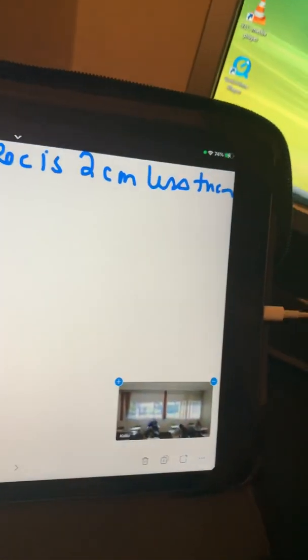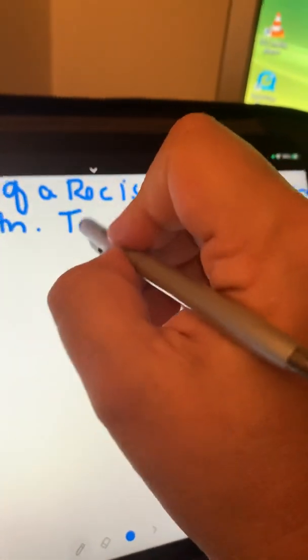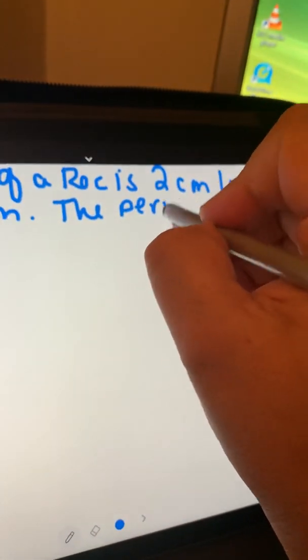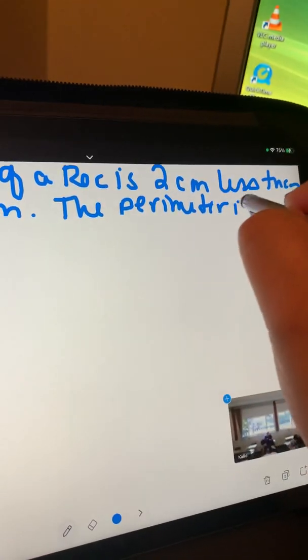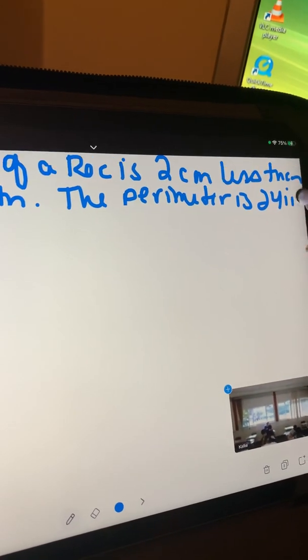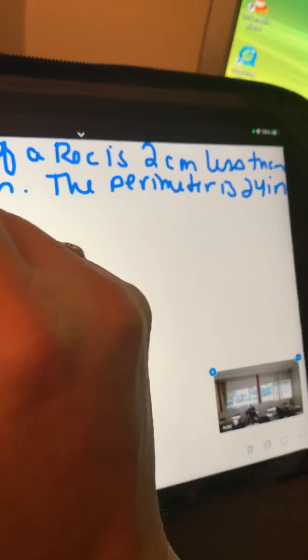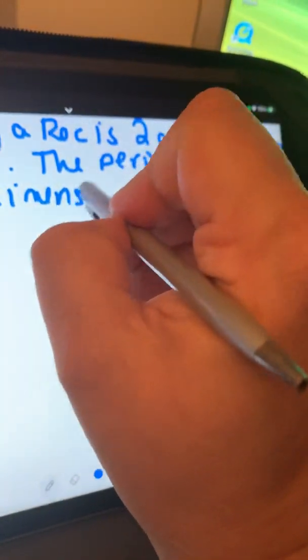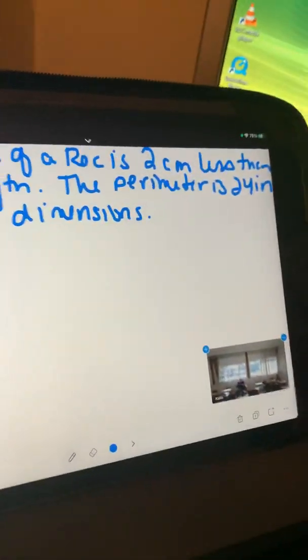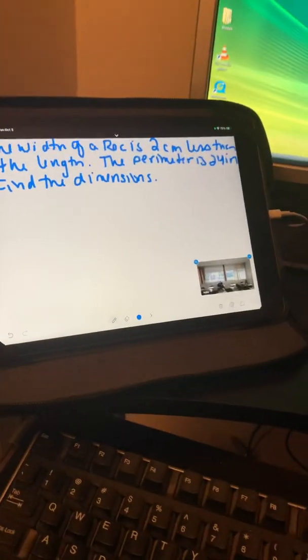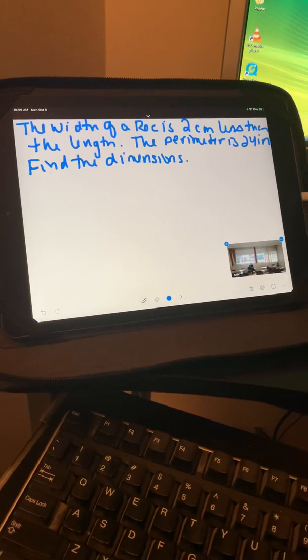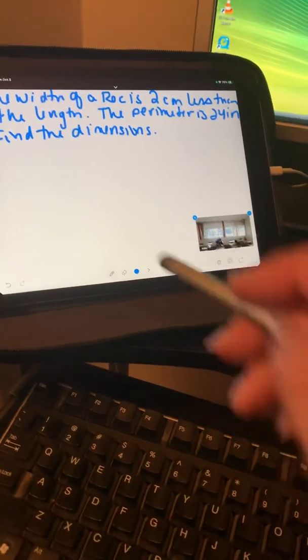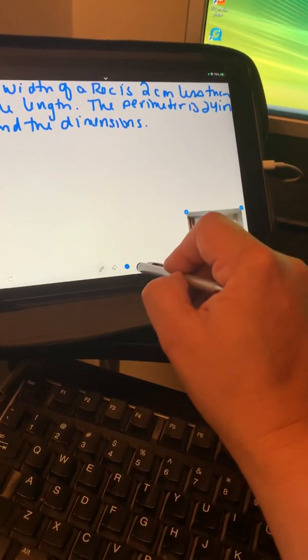The perimeter is 24 inches. I want to find the dimensions. Okay, so here's your story problem. The width of a rectangle is 2 centimeters less than the length. The perimeter is 24 inches. Find the dimensions. So here we go.